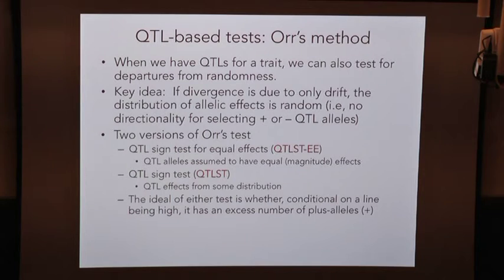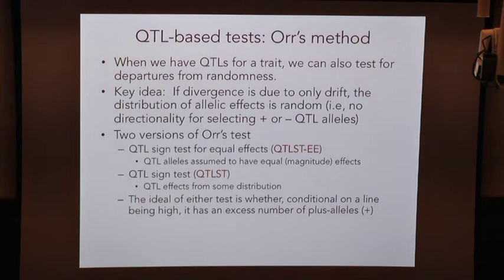So Alan Orr was the one that proposed this, and he had two versions. The idea is very simple, and a lot of tests which I lump under QTL tests have this spirit: if divergence is entirely due to drift, then the distribution of effects should be random.